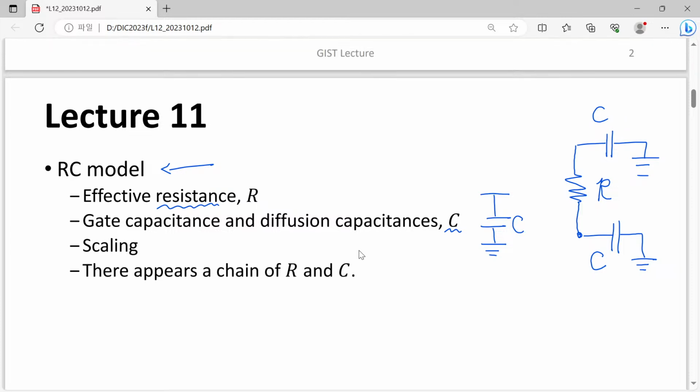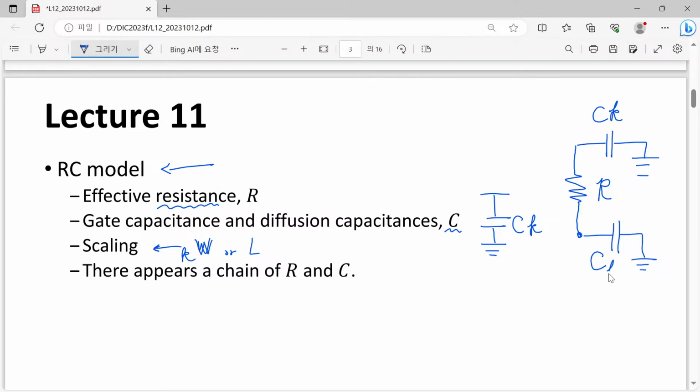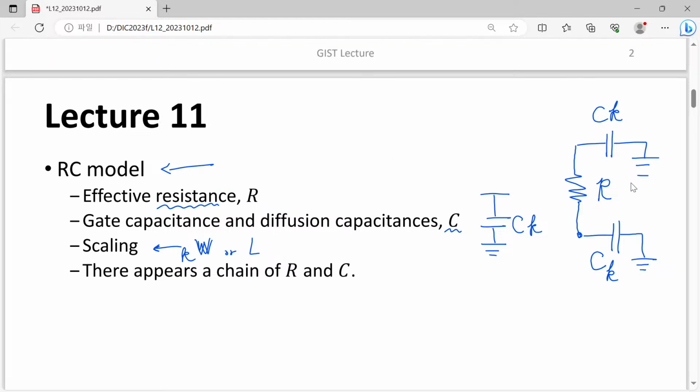But anyway, after that we thought about the scaling with respect to width or length. If width is increased by a factor of k, for example, since these capacitances are proportional to the area, gate capacitance and diffusion capacitance will also be increased by the same factor of k, and resistance will be reduced, so it is quite easy to understand.